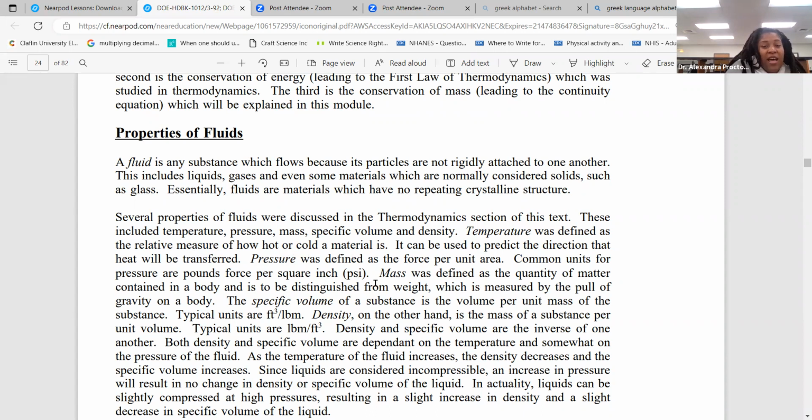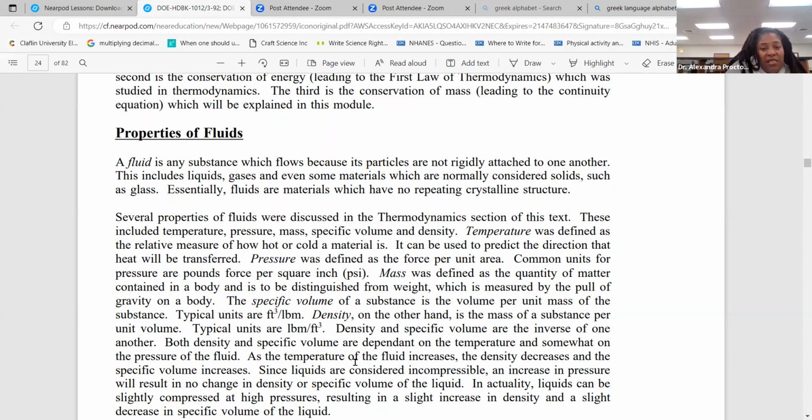Pressure was defined as force per unit area. Common units for pressure were pound force per square inch, or PSI. Mass was defined as the quantity of matter contained in a body, and it's distinguished from weight, which is measured by the pull of gravity.